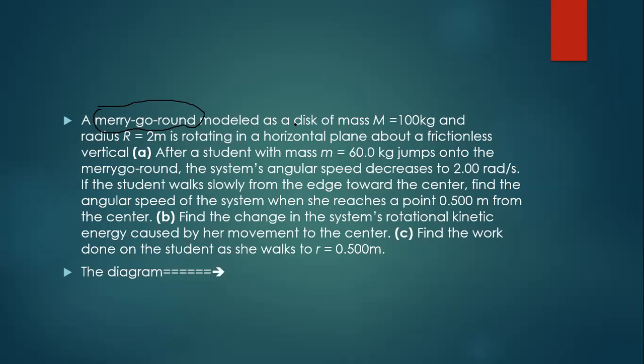So we have a merry-go-round modeled as a disc. On the flat surface, it is like a disc, and it has a mass of 100 kg and a radius of 2 meters, and is rotating on a horizontal plane about a frictionless vertical axis.